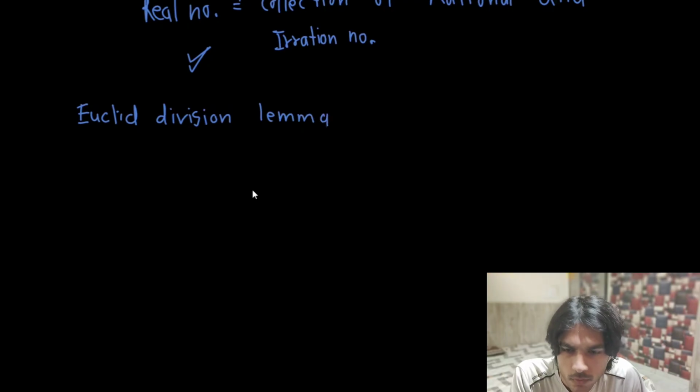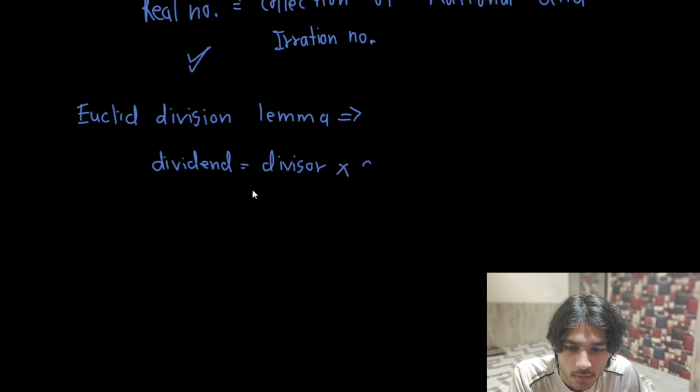Lemma. So what is Euclid's division lemma? Basically, it means dividend equals divisor multiplied by quotient plus remainder.